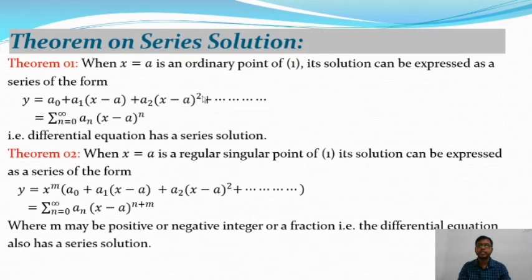This is the Taylor series expansion when x = a is an ordinary point. The compact form of this series is the summation over n = 0 to infinity of an (x − a)^n. That is, the differential equation has a series solution when x = a is an ordinary point of the given differential equation.